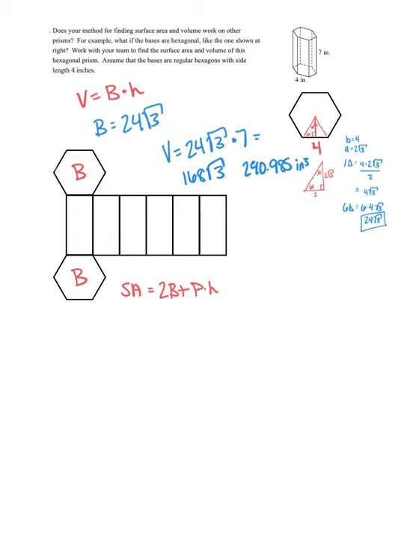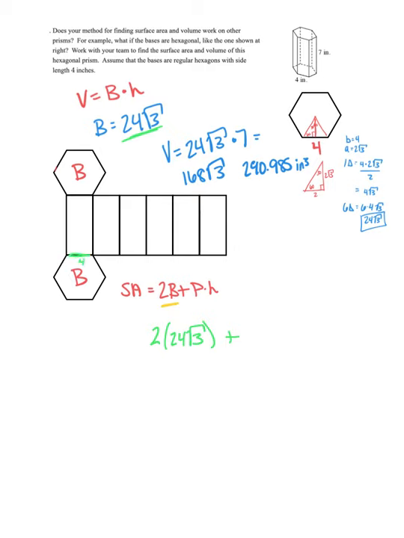And now we've done most of the work. I have the area of the base. I can just go ahead and plug that in to solve for my surface area of this solid. I'm going to take 2 times the 24 root 3 for the hexagon, plus the perimeter of the hexagon.